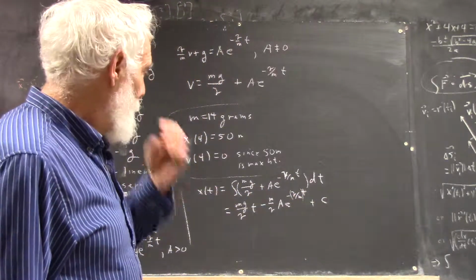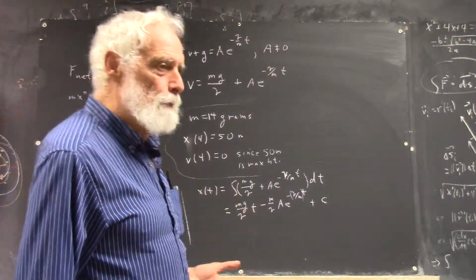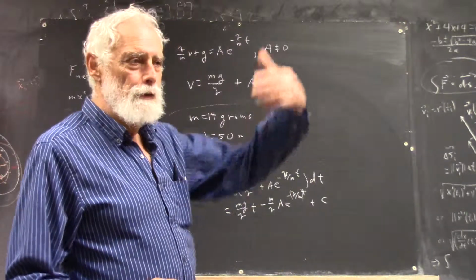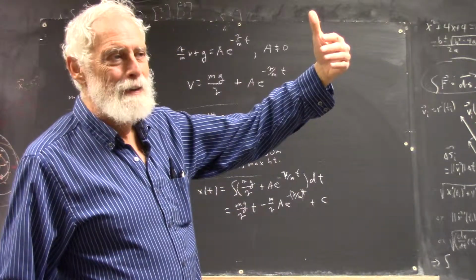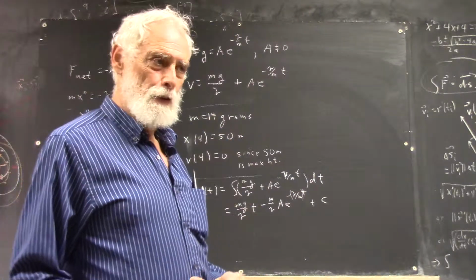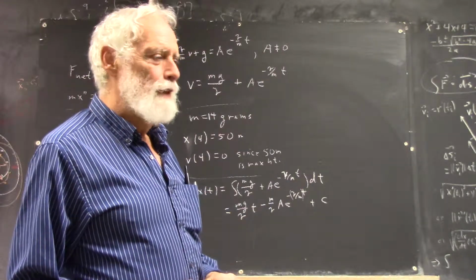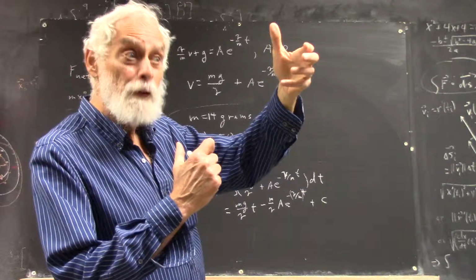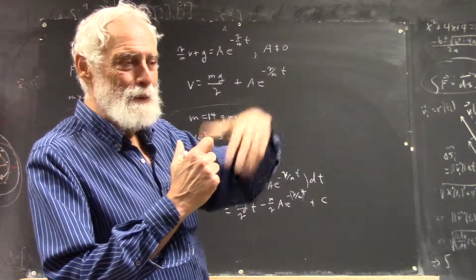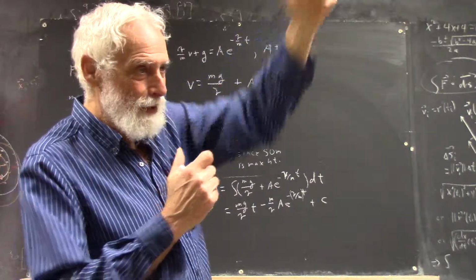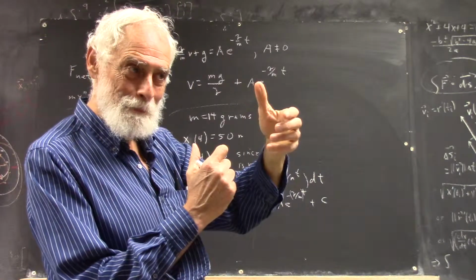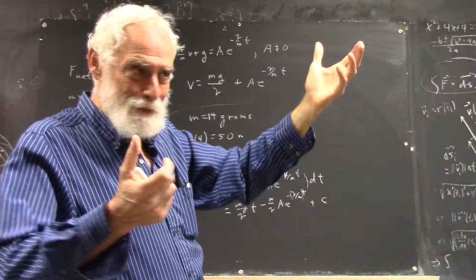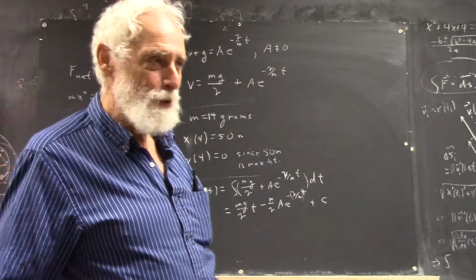When I stated the problem, I said it shot into the air and reaches maximum height. I didn't say at what position it was shot into the air. If you're going to shoot something into the air, you're probably going to shoot from above the ground. So when you say it rises to 50 meters, you've got to know how far above the ground you were, right?